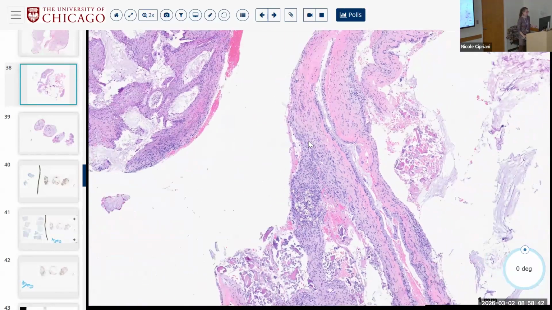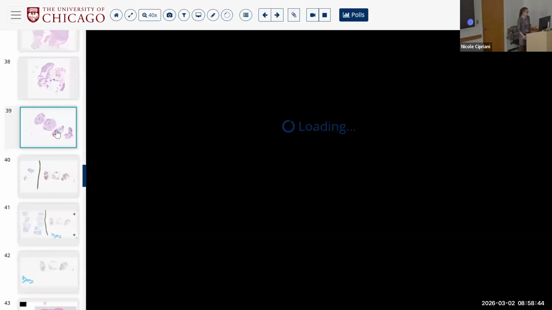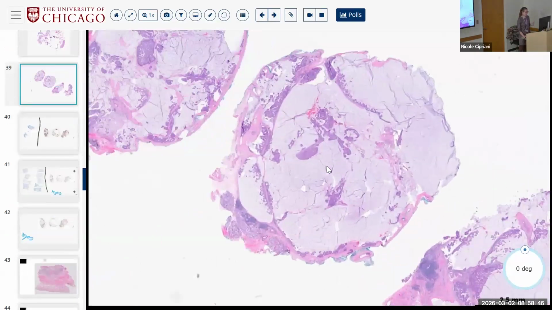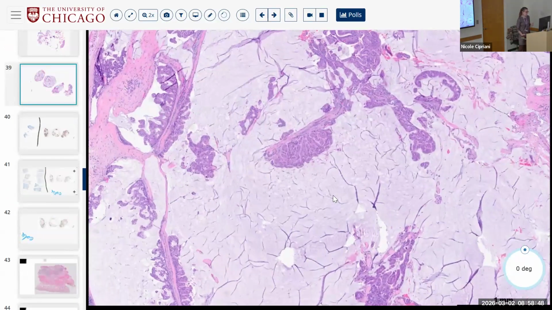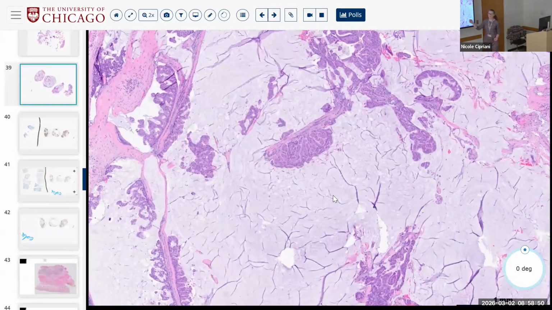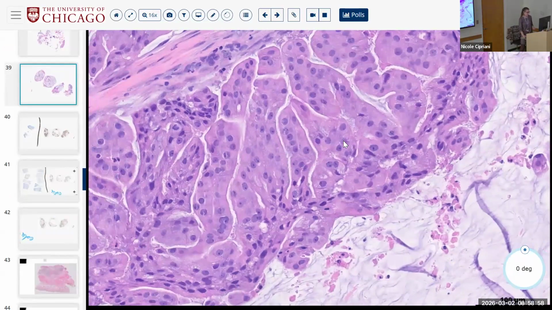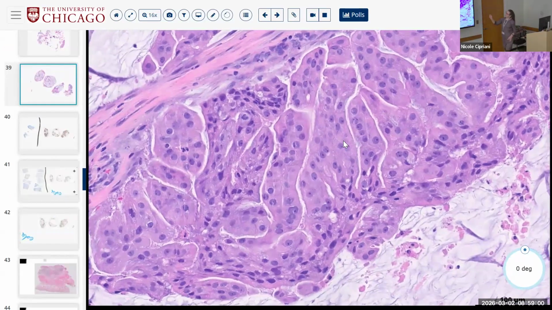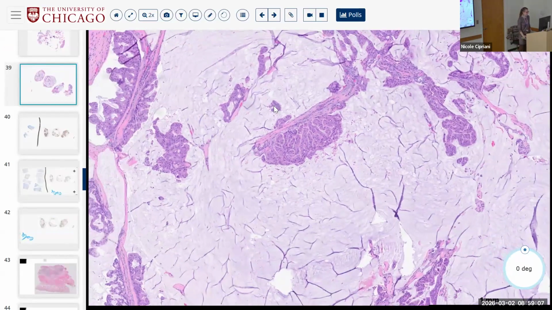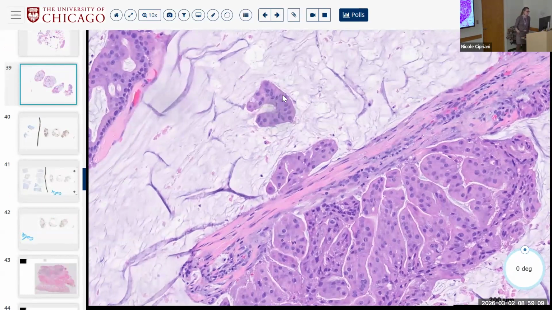Versus mucin, right? Tons of extracellular mucin, but okay, we're good. This kind of complicated papillary structure, with these little cells that sort of slough off in the mucin.